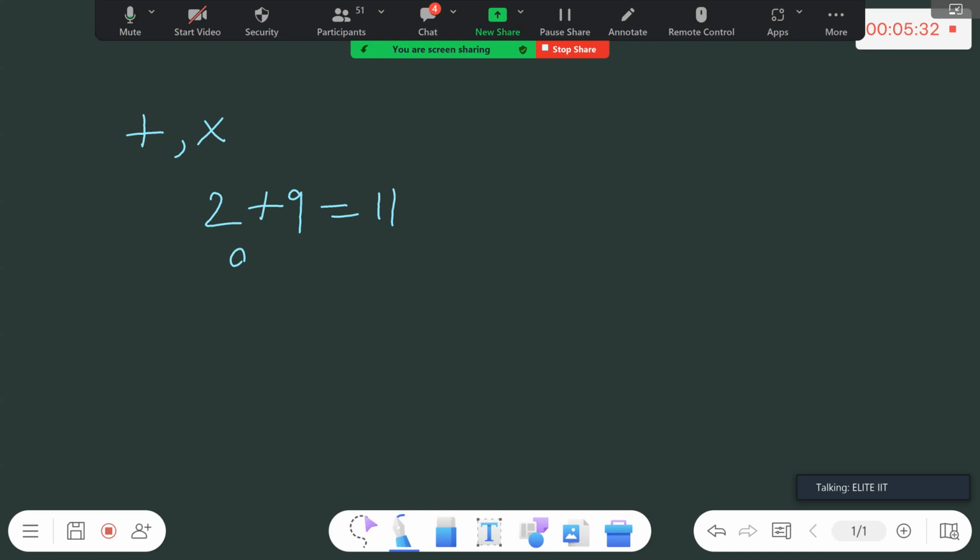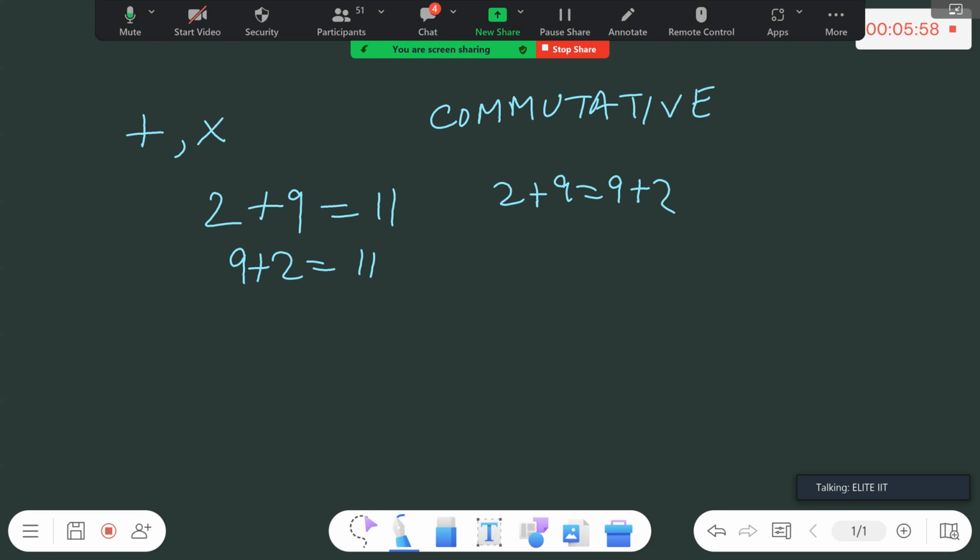And what is 9 plus 2? 11. They are both equal. So 2 plus 9 equals 9 plus 2. That means if you change the order of the whole numbers, the answer will be the same. So this is commutative law, okay?